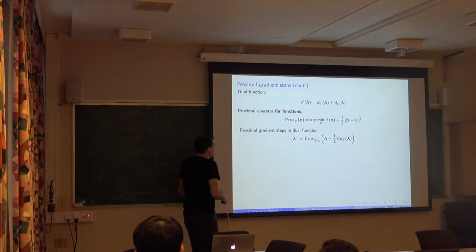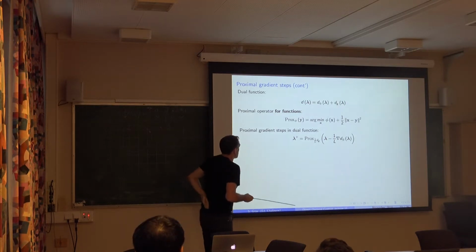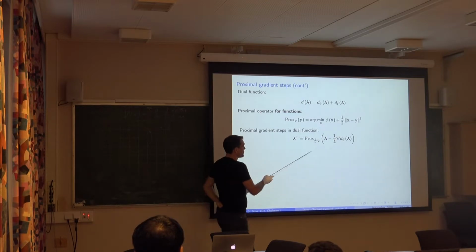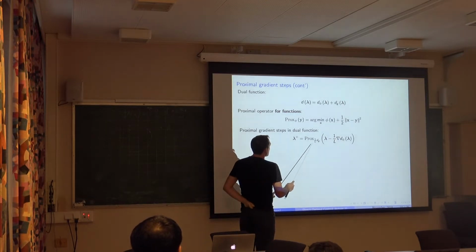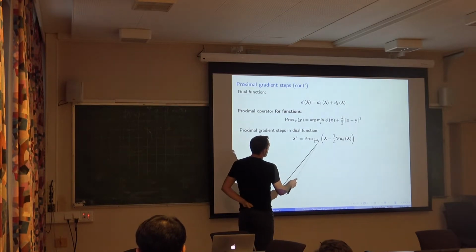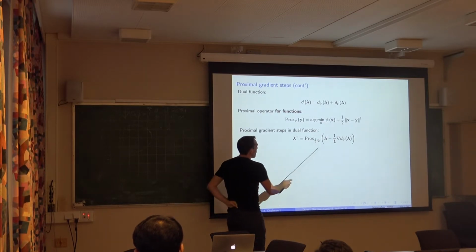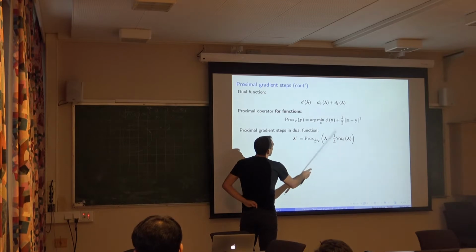And then you have the notion of proximal gradient steps as well. It looks the same as before. We will just basically apply the prox operator on the dual function of g, this guy that can return infinite values, and we use a classic gradient step.